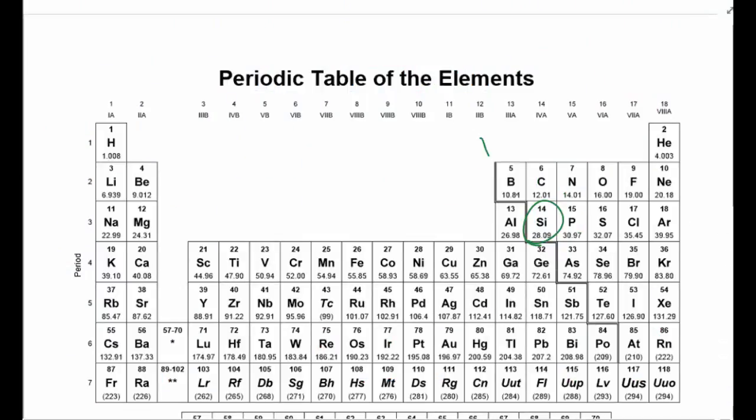Here's the nonmetals, right? If we ignore the metalloids, I think we said this, maybe we didn't. What's the other nonmetal on the periodic table that we've just been talking about? These are all nonmetals here, but there's one nonmetal that's not in this part. Yeah, hydrogen is a nonmetal.